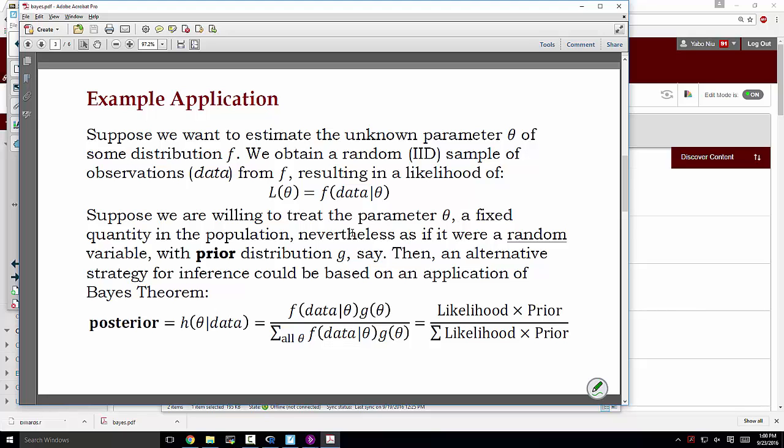If it's random, then it has a distribution, and we call the distribution of a parameter the prior, because it does not incorporate the data. It's just prior belief. Then the posterior distribution is what we had on the whiteboard. It's proportional to the likelihood times the prior.